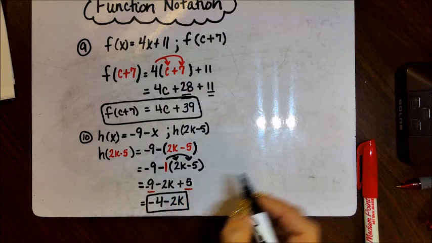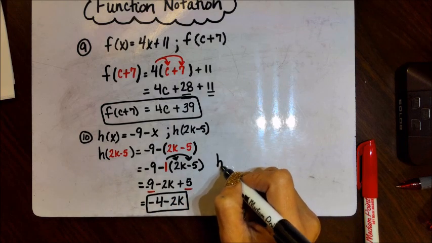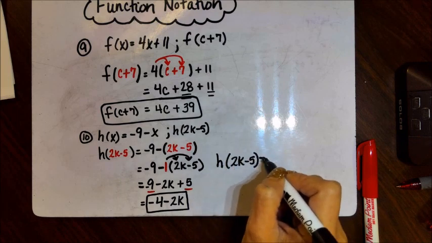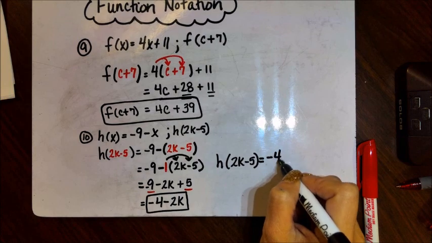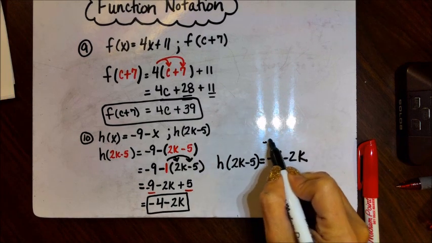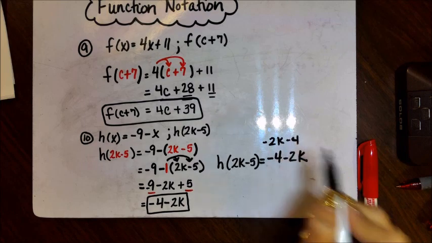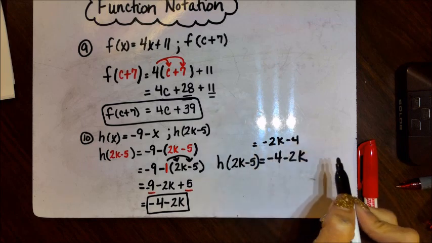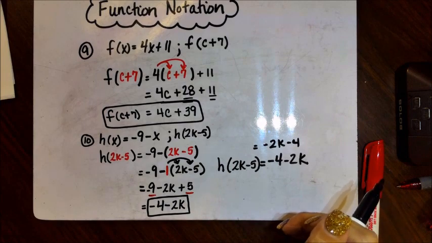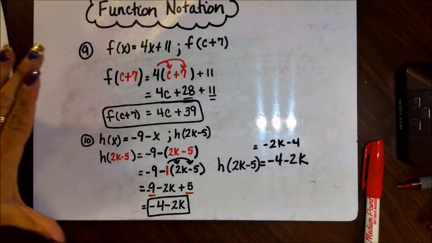There's my answer. Now, I could have written it like this. I could have said h of 2k minus 5 equals negative 4 minus 2k. Can you rearrange those? Could you say negative 2k minus 4? Absolutely. Whichever way you wrote it, I'm sure it's fine. Either way is perfect.